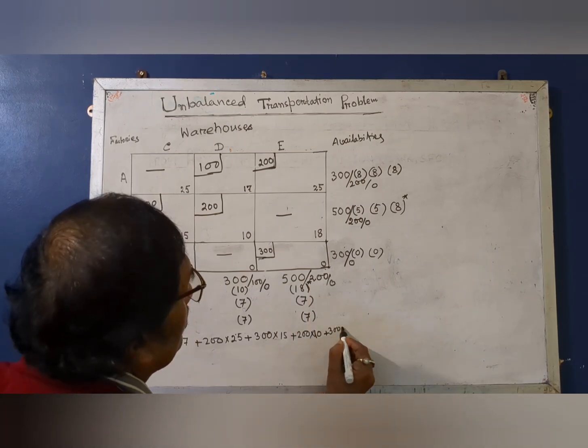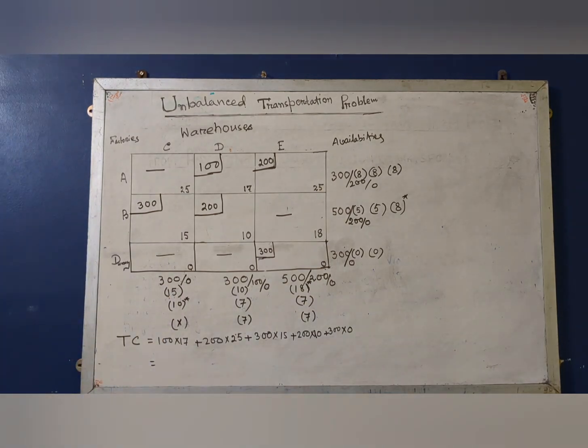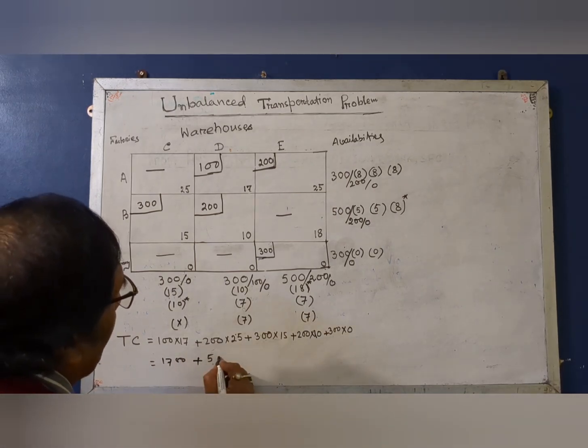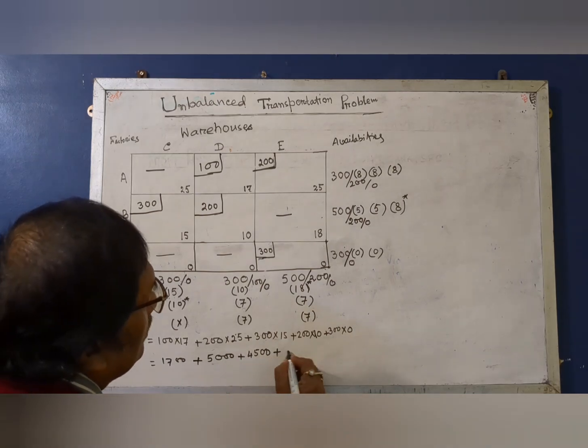If you calculate this, the total amount will be 1700 plus 5000 plus 4500 plus 200.